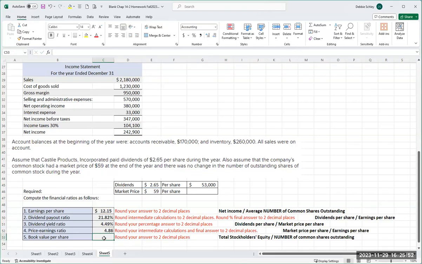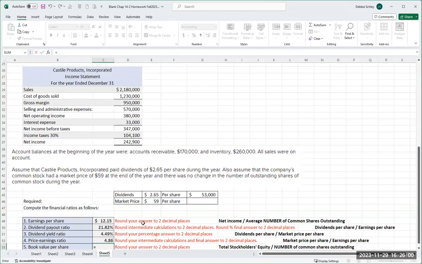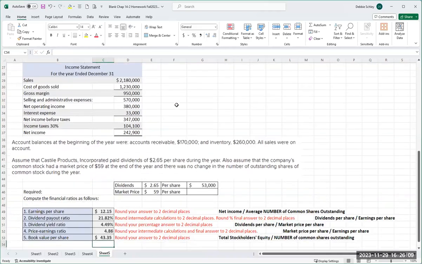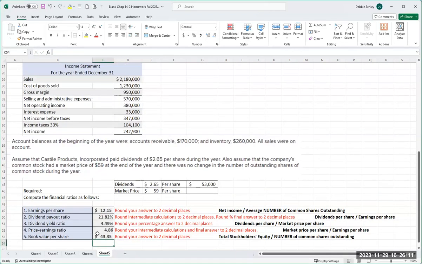And then book value per share equals total stockholders' equity divided by the number of common shares outstanding. So total stockholders' equity divided by the number of shares outstanding. And there you have it.